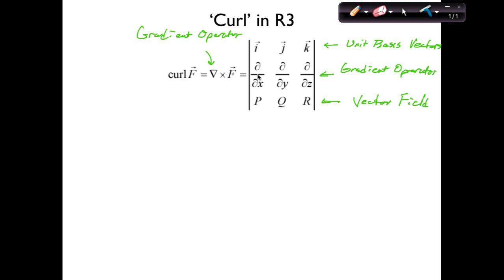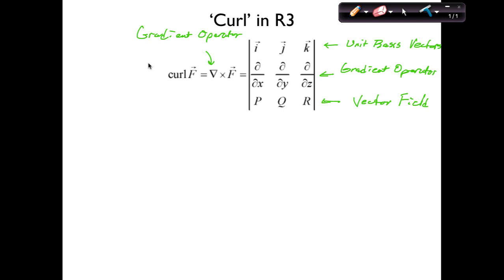You go down, positive down to the right, negative down to the left, right? So going down to the right, this would be a P here, so the partial of P with respect to z, and then going down to the left, this would be R with respect to x. When you add all three contributions of rotation together, you get the whole curl of the vector field at that location.